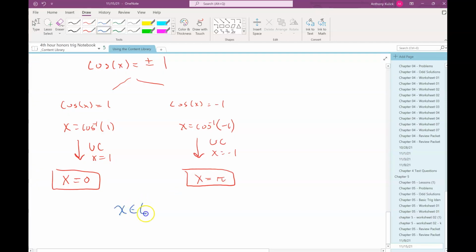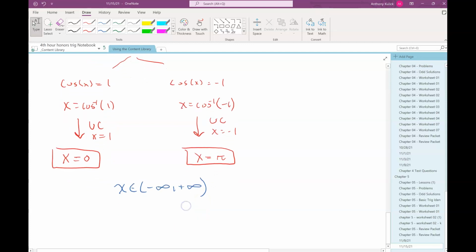If we had asked instead for this to be all possible answers, all we need to do is tack on that 2 pi k to the end of each of these.